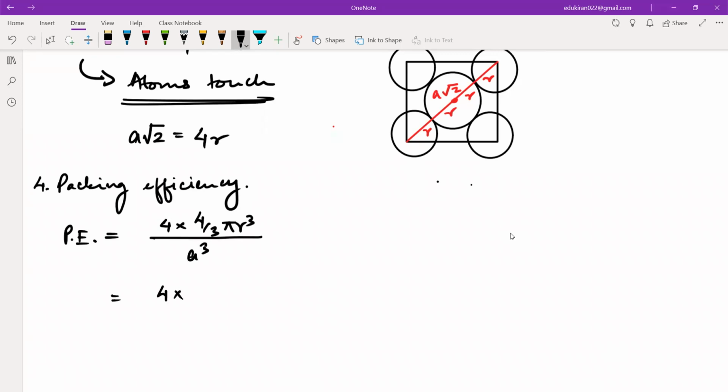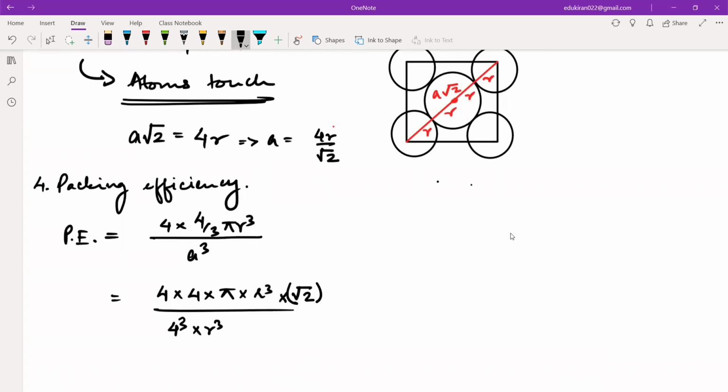So I can write this as 4 into pi into r cube divided by a cube. For a, according to the relationship, a is equal to 4r by root 2. So I can write this as 4 cube into r cube, and root 2 cube, I can put it here. Root 2 cube, not square, rather cube. And this 3 will come here into 100.